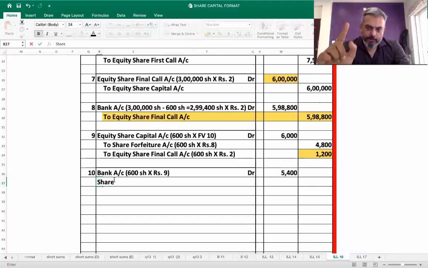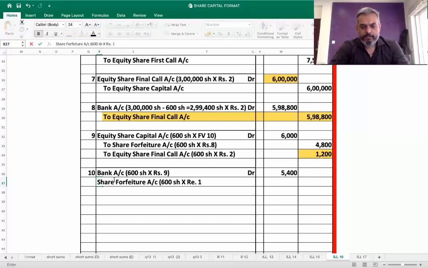So the discount of rupee 1 will go from share forfeiture account, 600 into rupees 1, 600. To equity share capital account, 600 shares into rupees 10 face value, 6,000.